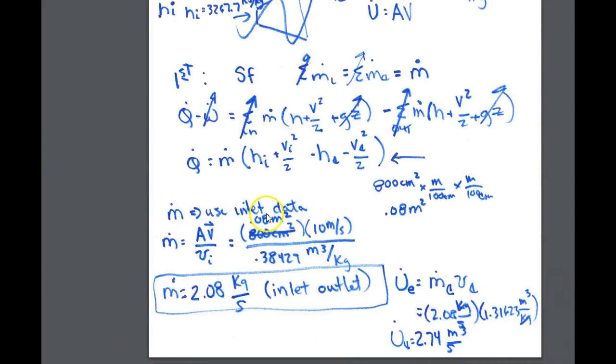If we use the inlet data, we say that mass flow rate is equal to AV over v. A is given in square centimeters, so if you take square centimeters and convert it into square meters to have a consistent set of units, there's 100 centimeters per meter, and since it's squared, we have to do that conversion twice. So we take the number 800 and divide it by 100, divide it by 100 again to get square meters.